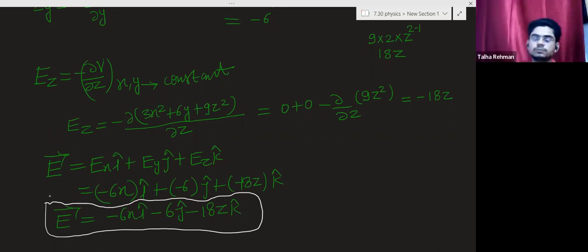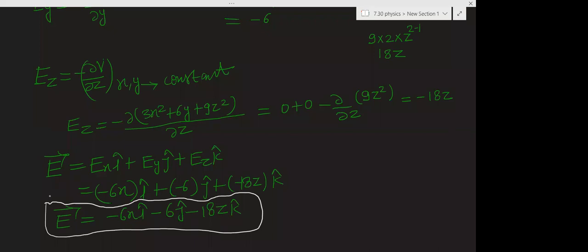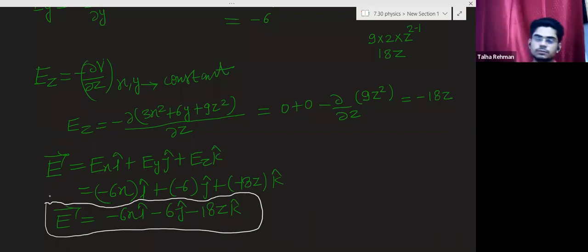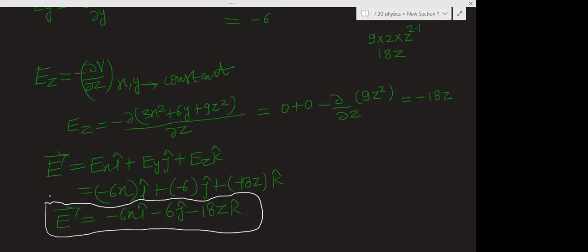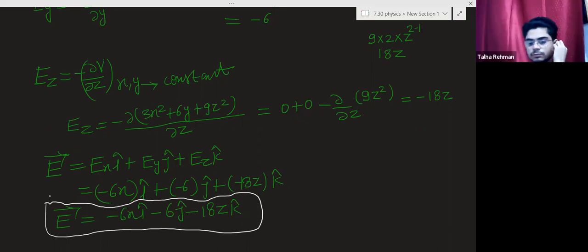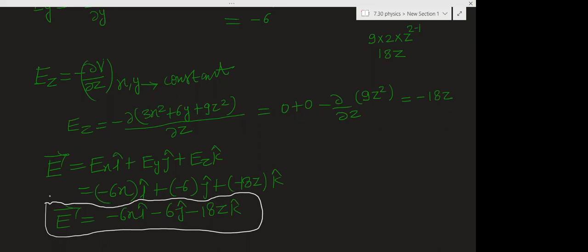We don't have school for 2 months now, we have vacations. In school, we didn't do differentiation in this chapter for potential energy and capacitance. We only studied the capacitance, the potential, the formula, and that's it.